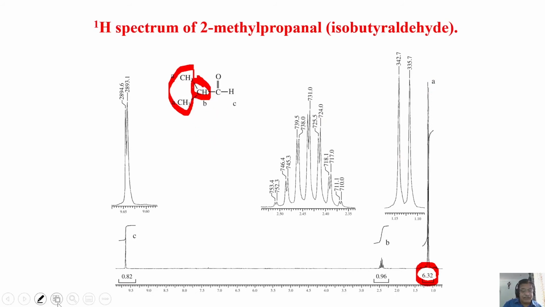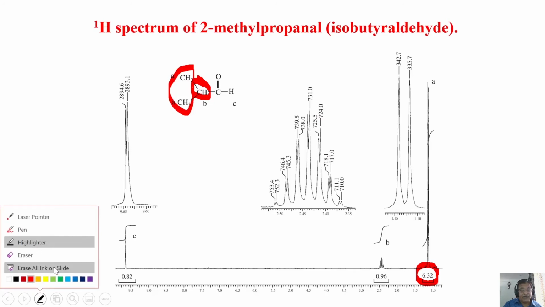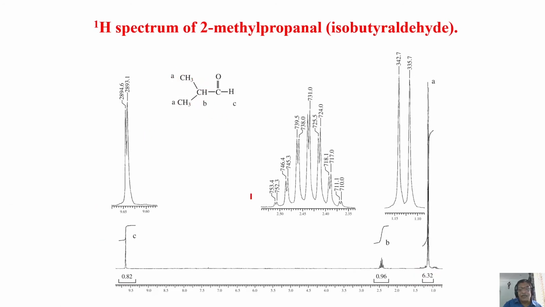Now, what happened to this CH proton? Very interestingly, this CH proton has a very complex pattern. What is this complex pattern coming from? This CH proton, remember, is split by two CH3s.